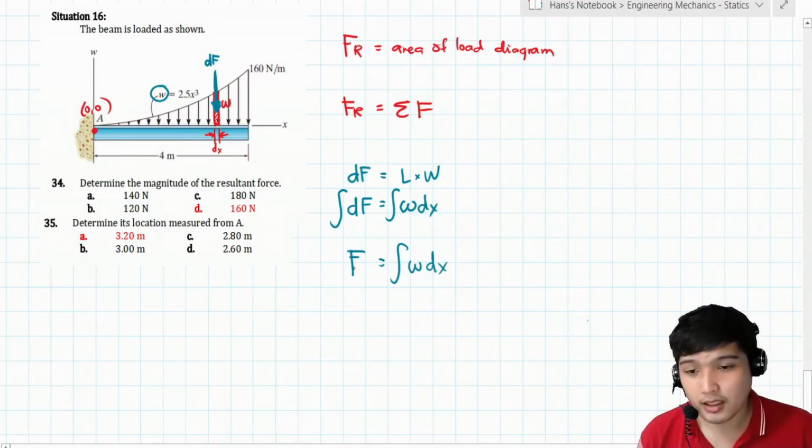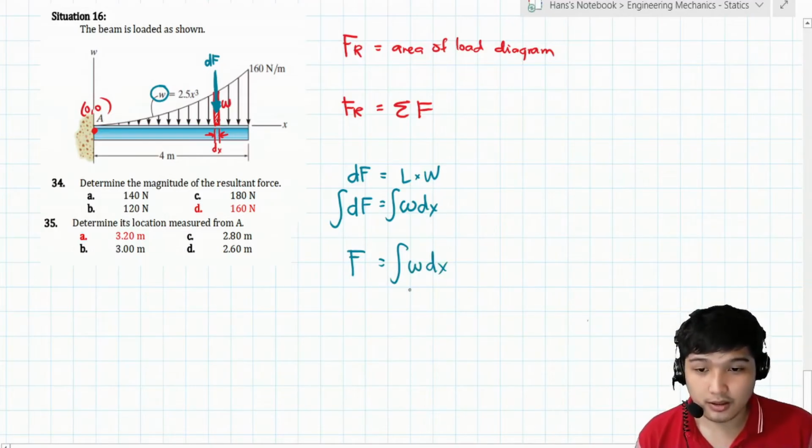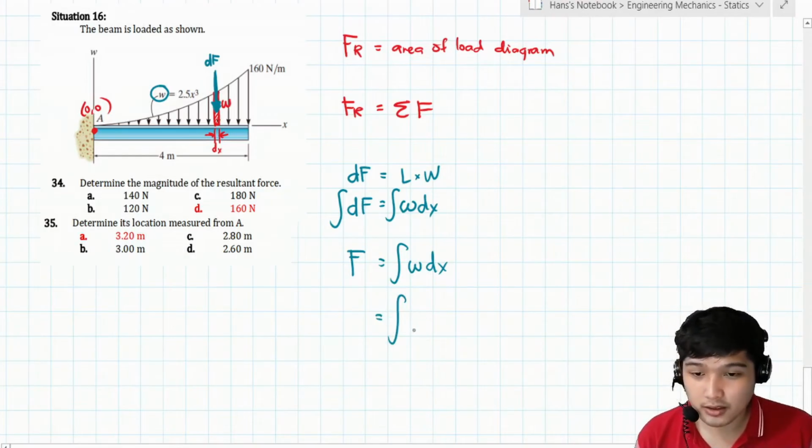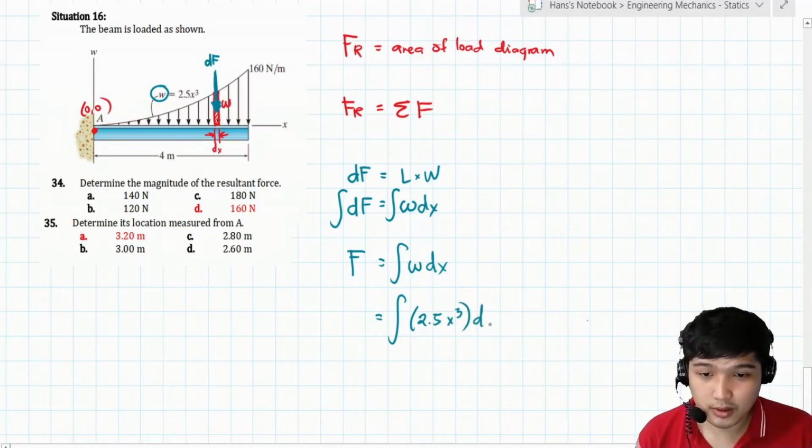Para makuha natin yung total force, we will just integrate W dx. Ganun lang pala siya class. Medyo madali lang. Wherein yung W, in terms ng x, is 2.5 of x cubed. And then, this one is dx.